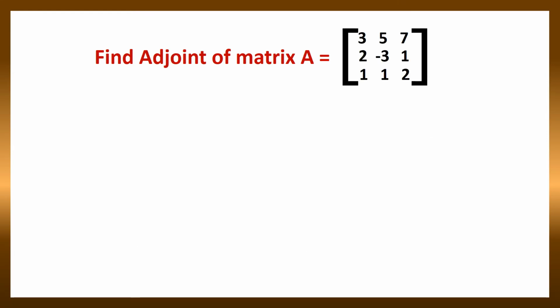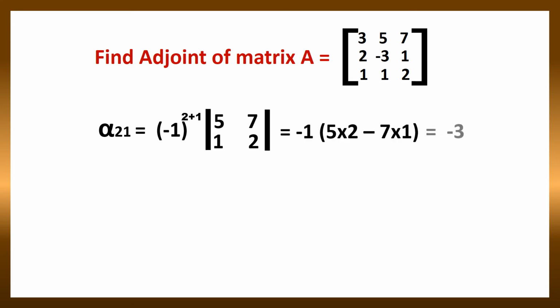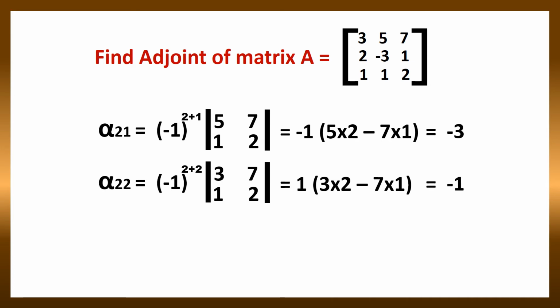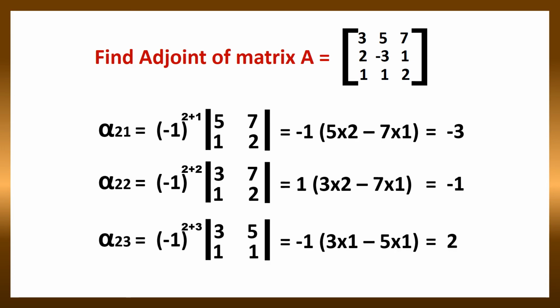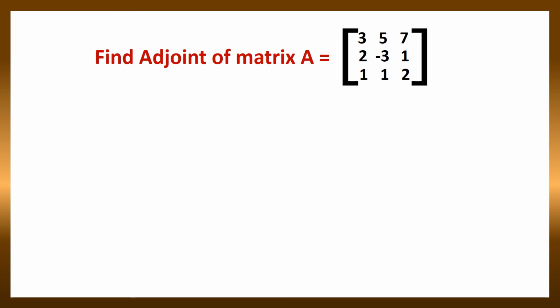And next, when we come to the second row, alpha 2 1, cofactor of element in the second row, first column will be minus 3. And alpha 2 2 will be minus 1, and alpha 2 3 is 2. And in the same manner, we have to find the cofactors of the elements in the third row also.